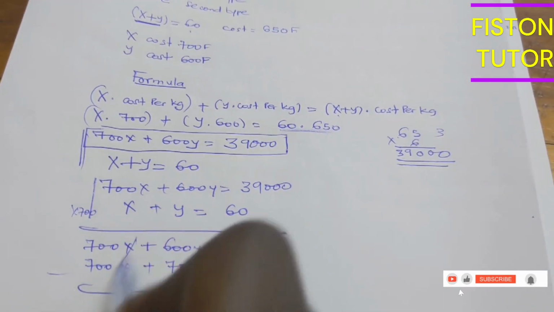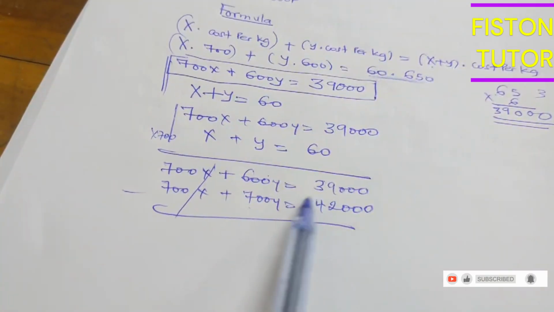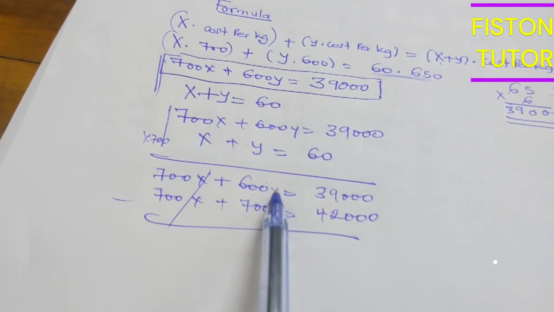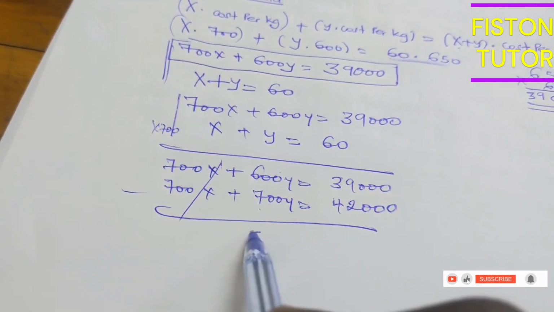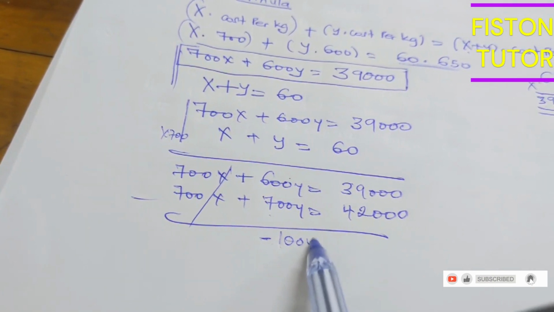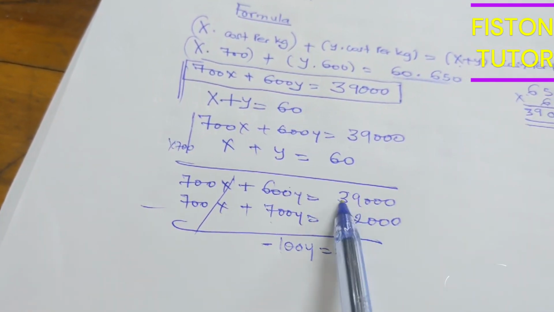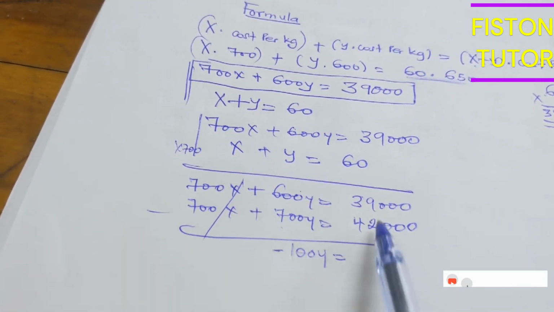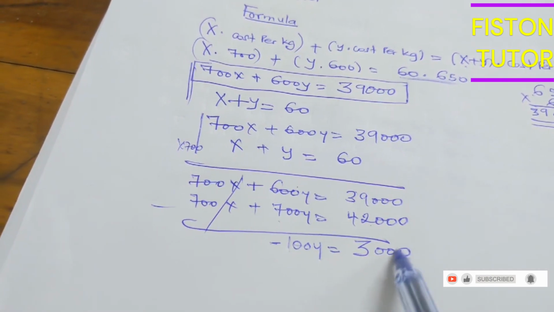Now this one will be removed, and 600. So here 600y minus 700y will be equal to minus 100y, which is equal to 39,000 minus 42,000, which is equal to minus 3,000.